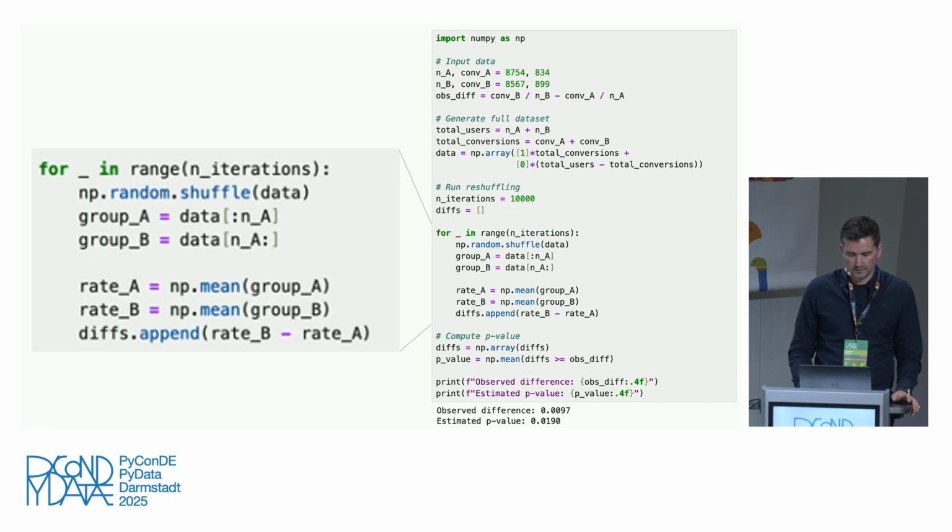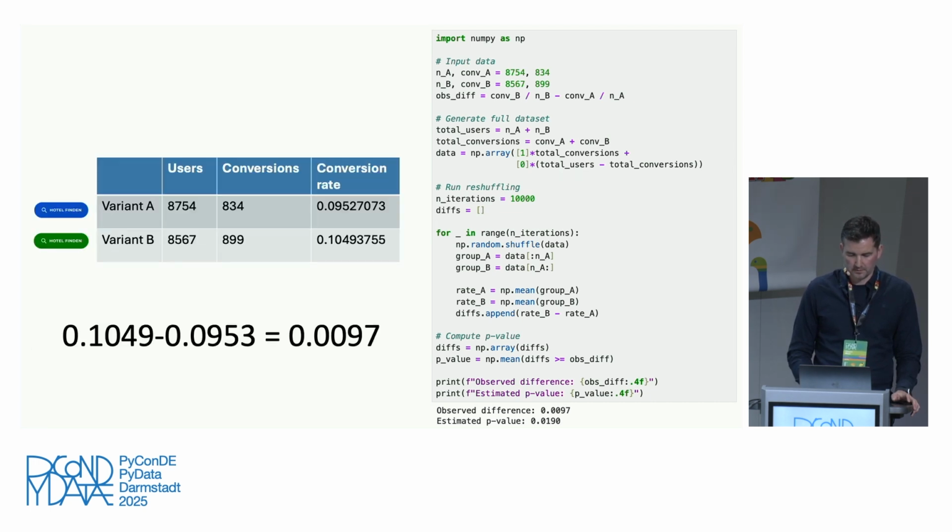What you do here is also very similar. First of all, you just construct, over here, you can see that we take the total conversions as 1, and we take as 0 the total users minus the total conversions. So we're building up this long array of zeros and ones based on how many convert if we just lump them together.